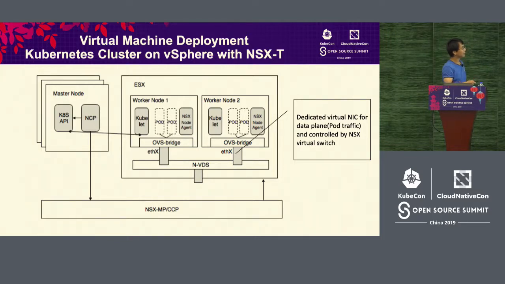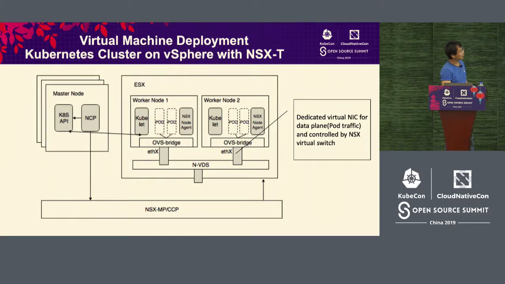Here are the master nodes, and you can see NSX NCP, which will constantly watch Kubernetes objects, and it will also connect to the pod through NSX MP and CCP to set up the firewalls.